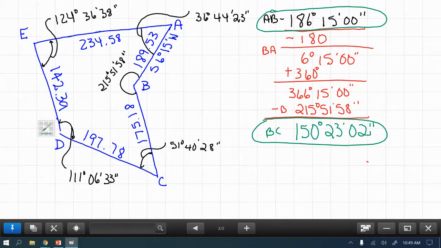So my next one, I need to do the back azimuth. Is that greater than 180 or less than 180? It's less, so I'll need to add 180.